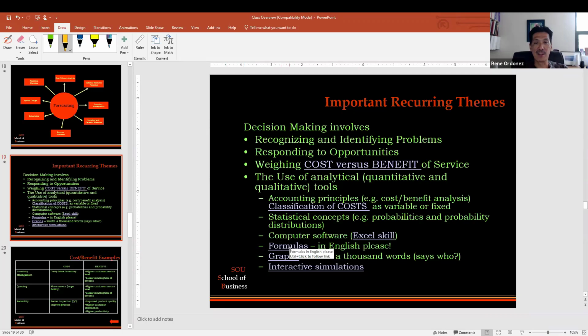You will be dealing with formulas, and we will try to explain these formulas in as less abstract a way as possible. You will learn how to develop graphs and understand the meaning that graphs convey. And then we will look at some interactive simulations, okay?